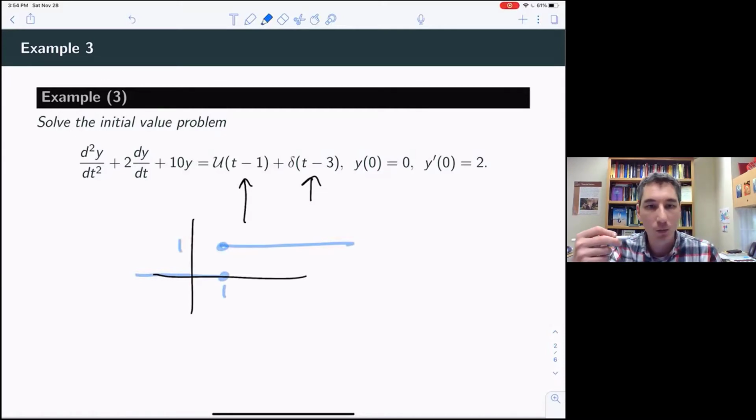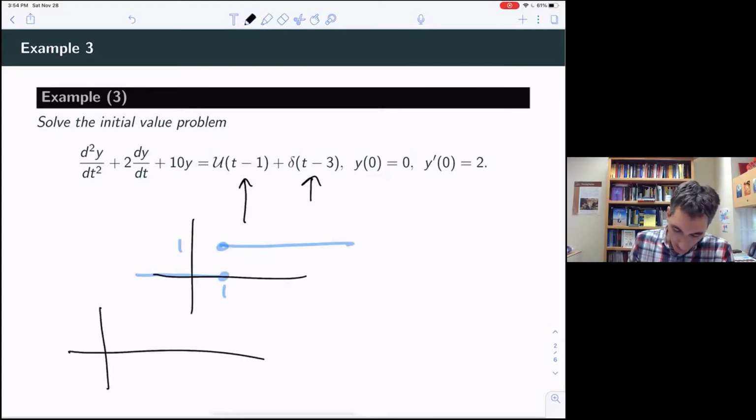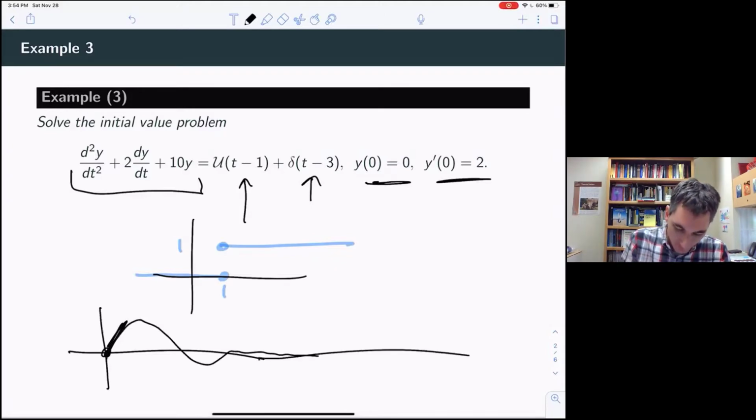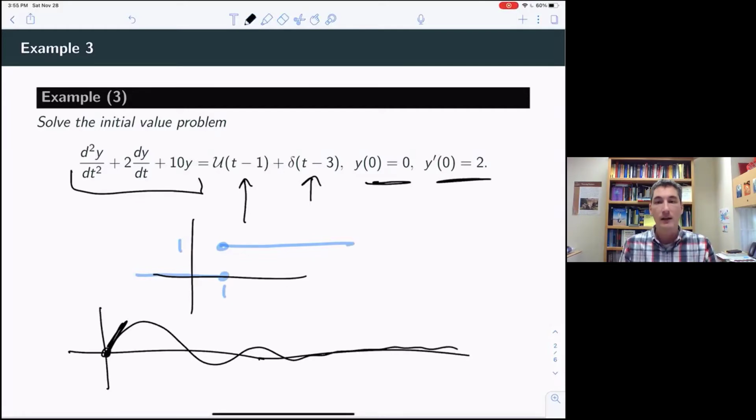So if you think about what the solution to that might be, let's just think about it a second. It's underdamped. So starting at 0, initial position 0, initial velocity of 2. So the initial solution should come off at a slope of 2 from the initial position of 0. And then because it's underdamped, it should oscillate close down to 0.